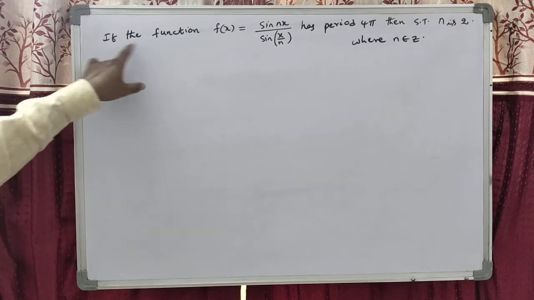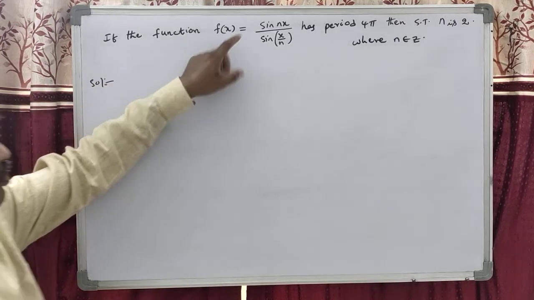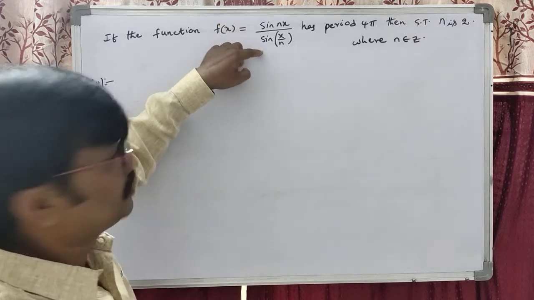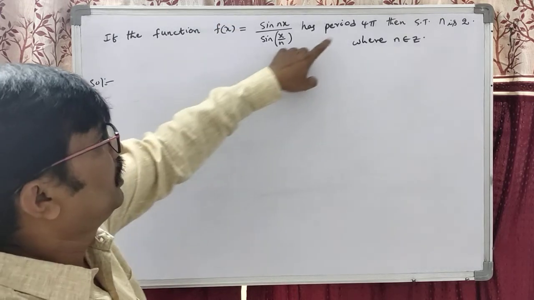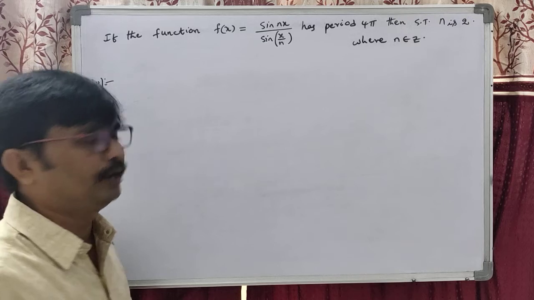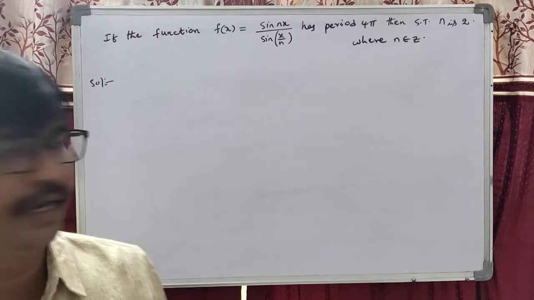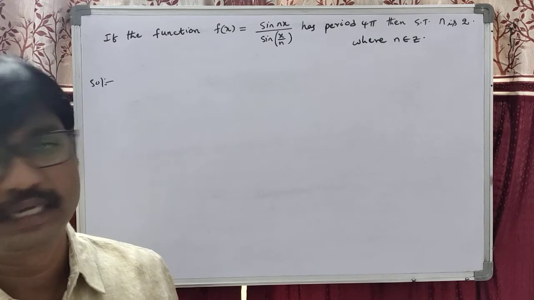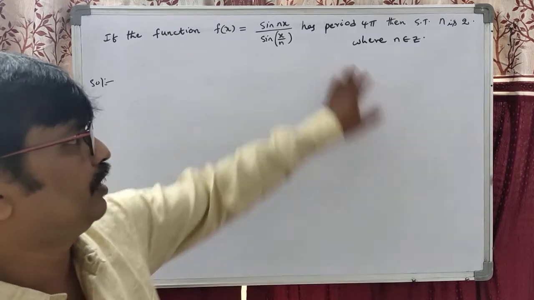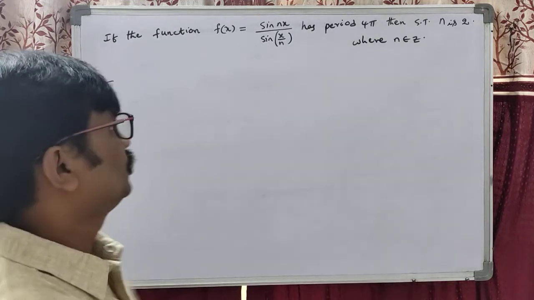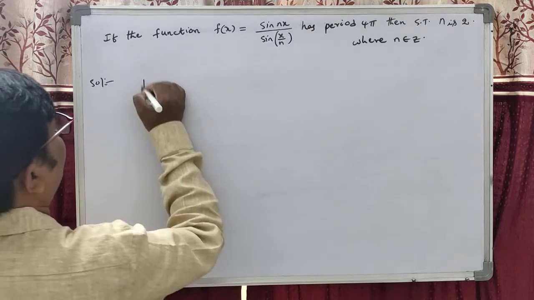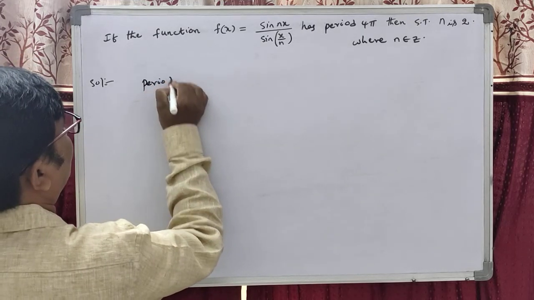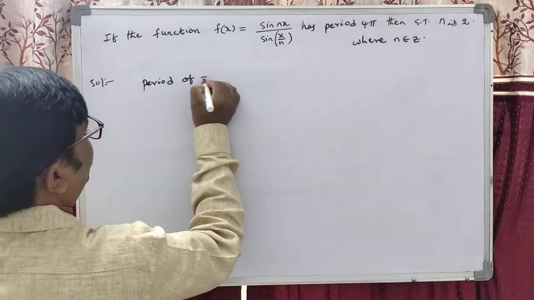Dear students, if the function f of x equals sin nx upon sin of x by n has period 4 pi, then find n, where n is an integer. So students, first we find the period of the numerator.